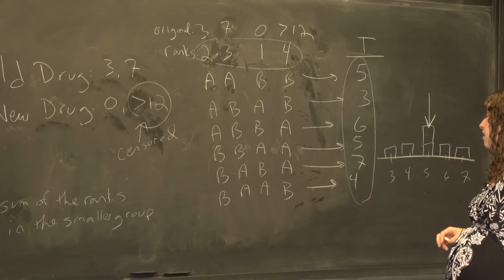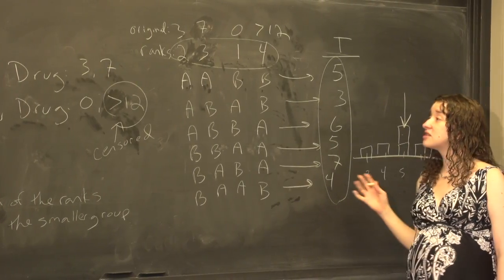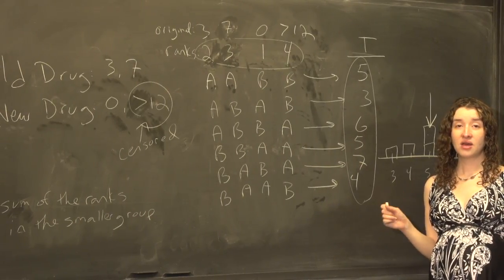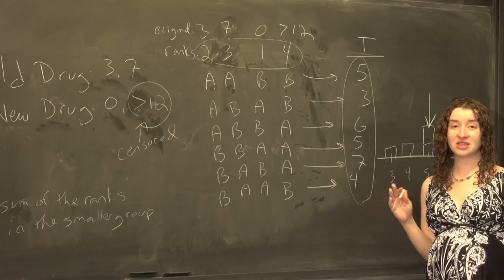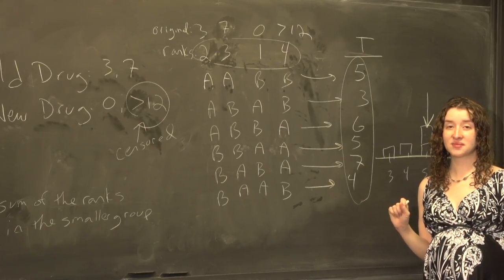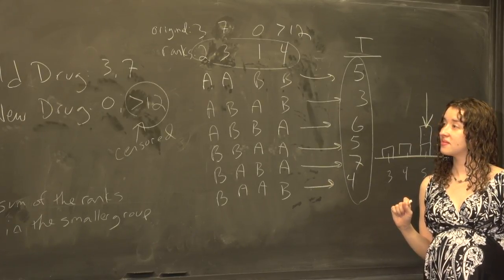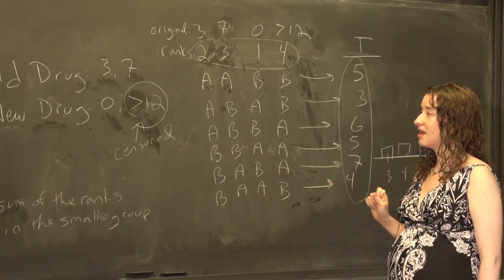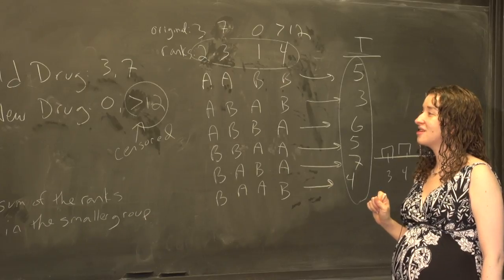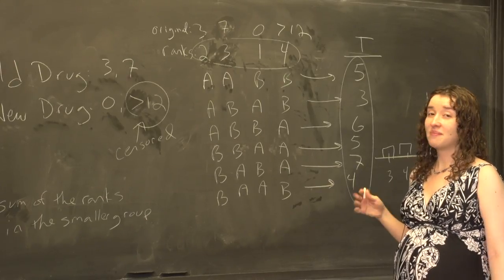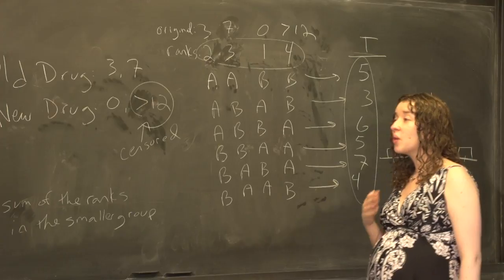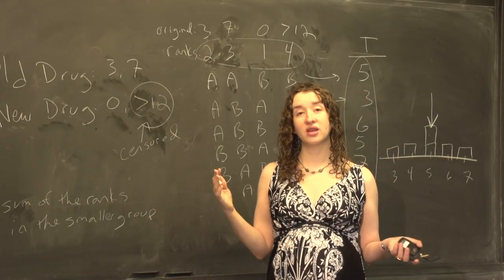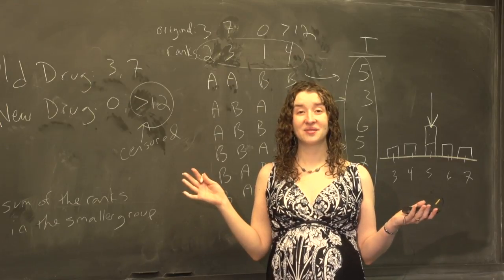Another thing to point out is the fact that we're taking the sum of the ranks in one group and not a difference in mean ranks. How come? How come we're not just taking the difference in mean ranks? Remember way back to high school or even middle school algebra, where one of the things that I bet you talked about was an equation for the sum of all the numbers from 1 to 10, or 1 to 20, or 1 to n, 1 to any number.